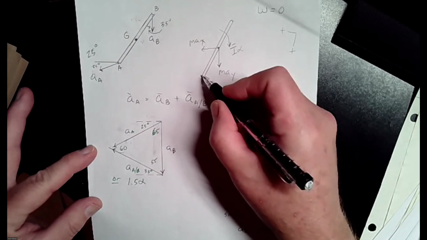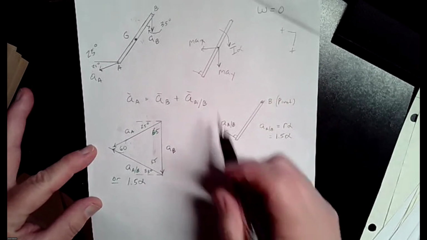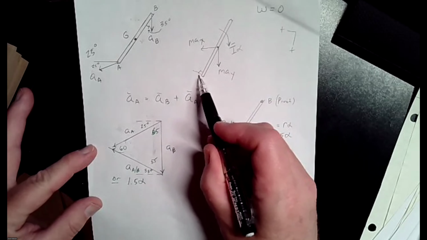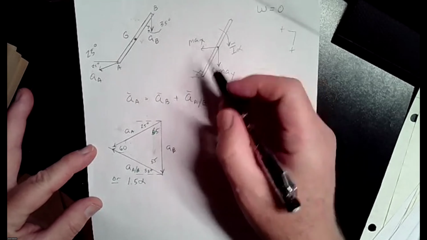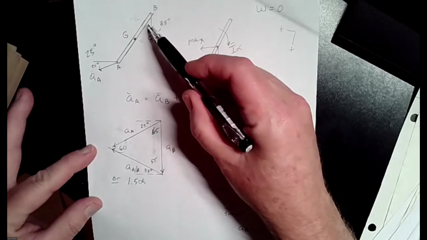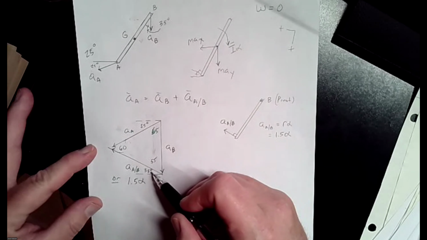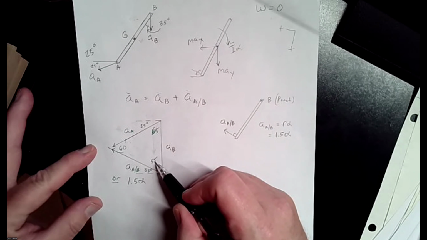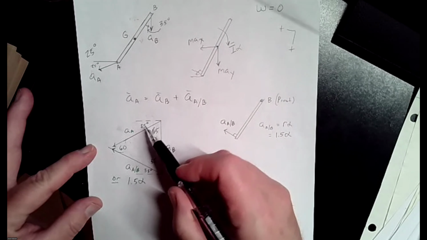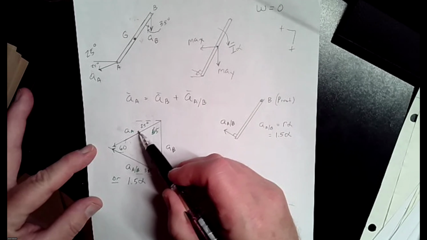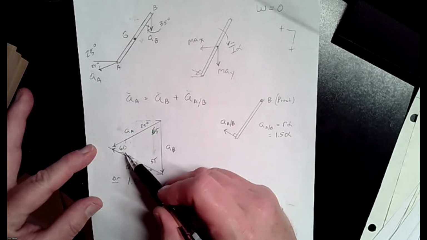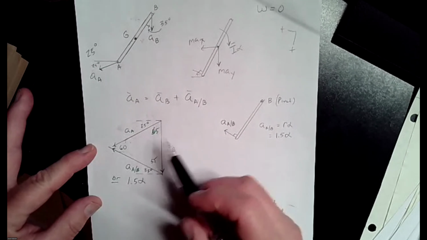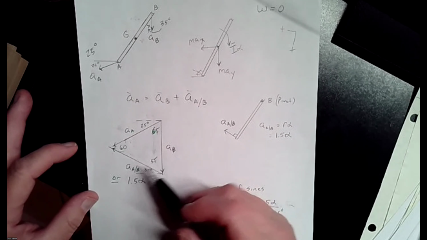So if you draw a line that's normal to that, then you know that this angle here has to be the same as this angle up here. If I know that that's 35 degrees, then the complement has to be 55. I also know the acceleration in the A direction is at 25 degree incline, therefore its complement has to be 65, leaving 60 for this. So this allows us to make this acceleration triangle.